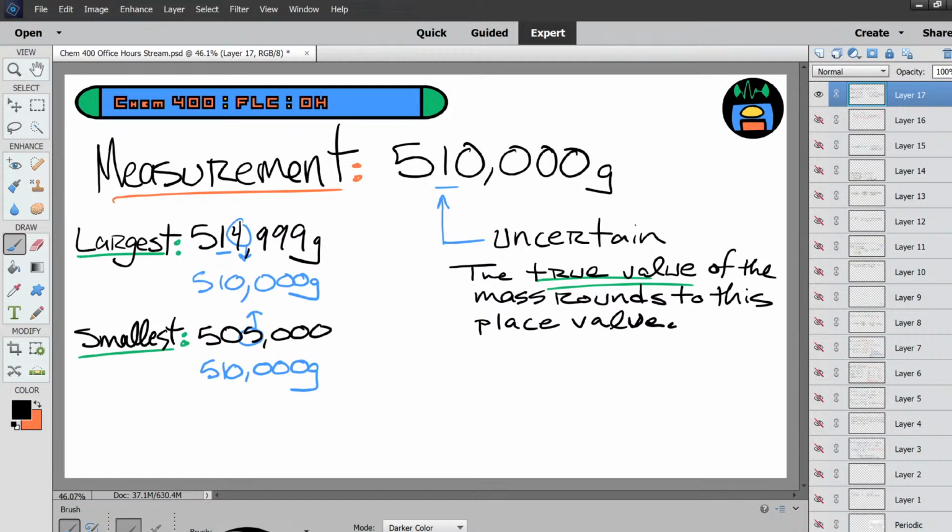So that's how I got the uncertainty range. You take whatever your measured value is, find the uncertain digit, and your range is going to span from the largest number that would round to that value and the smallest number that would round to that value. Does that make sense?